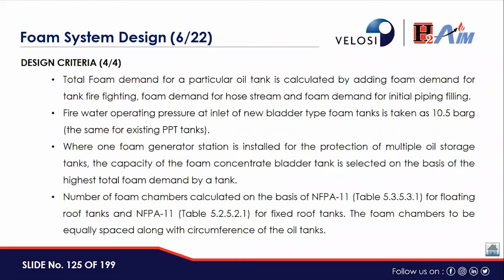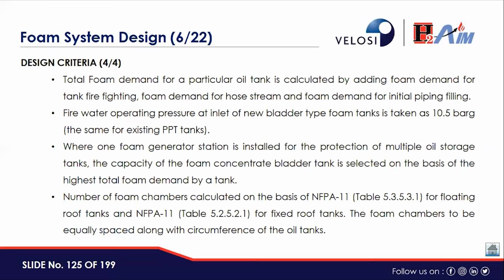Total foam demand for a particular oil tank is calculated by adding foam demand for the tank firefighting, foam demand for hose stream, and foam demand for initial piping filling. Fire water operating pressure at inlet of the new bladder type foam tank is taken as 10 bar, and capacity of the foam concentrate bladder tank is selected on the basis of the highest total foam demand by the tank.